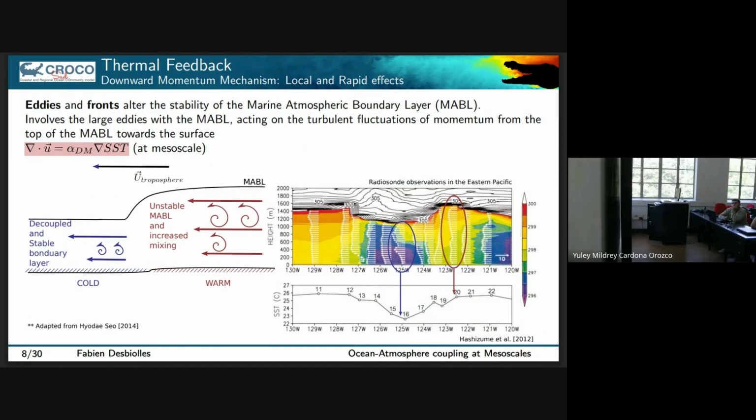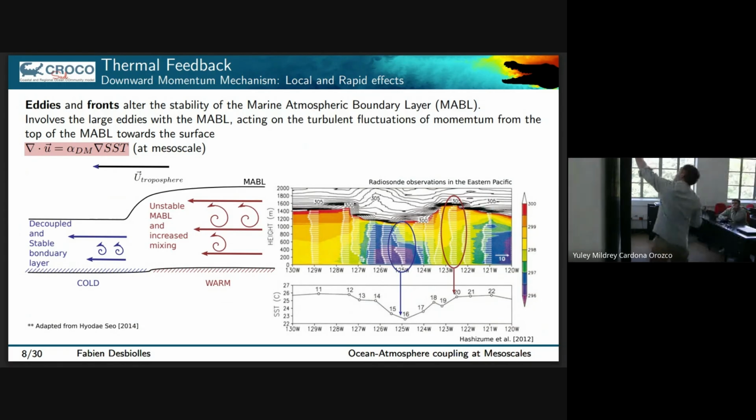And that activates some turbulent fluctuation of the momentum from the top of the atmospheric boundary layer to the surface layer, to the sea. And actually, this process has been observed and also modeled.